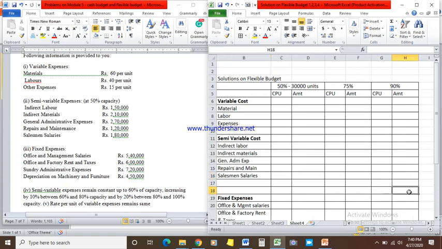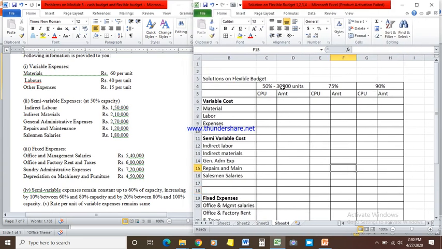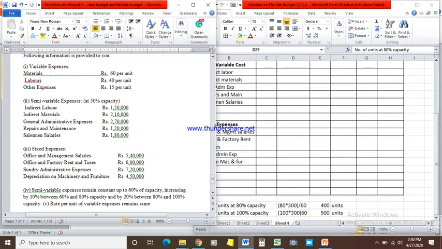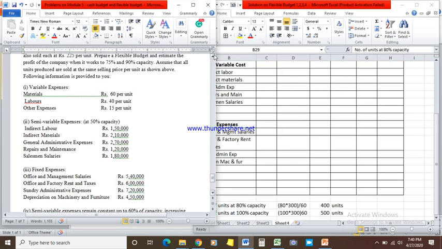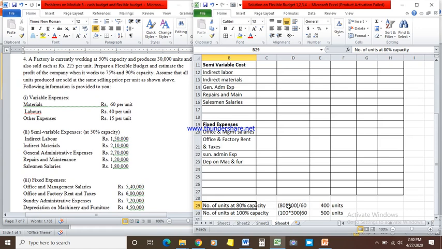So again, this is the format which is kept ready. Now at 50% capacity we are manufacturing 30,000 units. Then at 75% and 90%, how many units will we be manufacturing? So again, let's do a small working note. Because in this problem we are given two capacities, one at 75% and another at 90% capacity, I'll take a working note here.